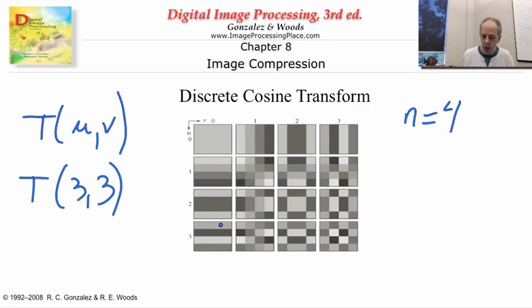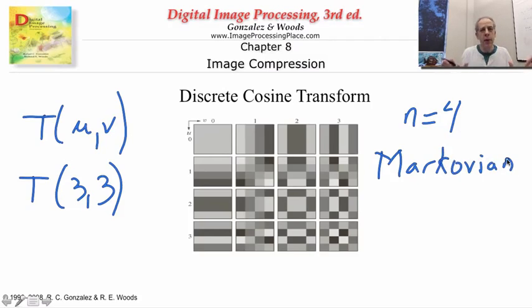So those are images that are called Markovian. So if you assume something about your image, you can show that the Karhunen-Loeve transform ends up being the DCT. So at the end, it is a constant basis like we see here. That's one reason to decide to use the DCT.